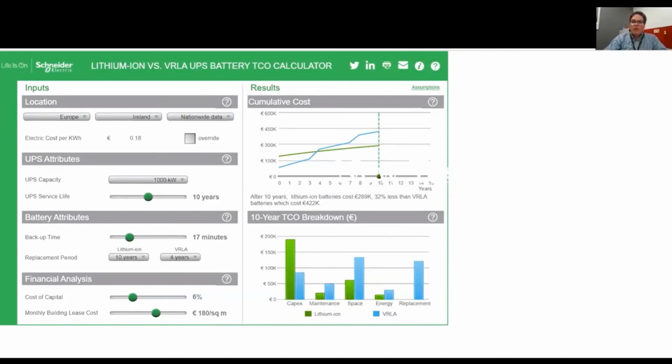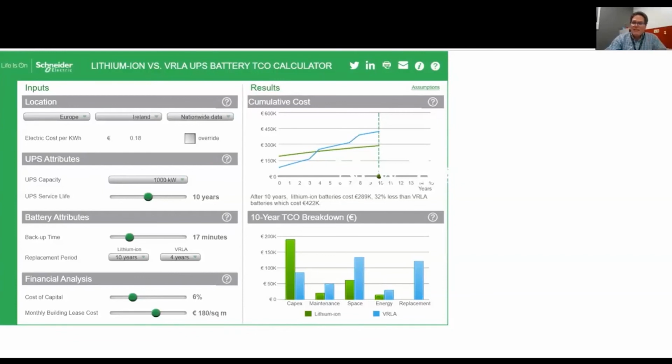For example, one of these tools allows a customer to determine the most economically feasible battery technology to use in their data centers. Their choices would be conventional lead-acid technology or the new lithium-ion battery technology.